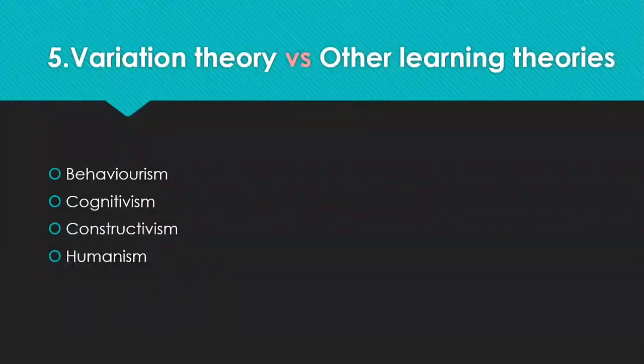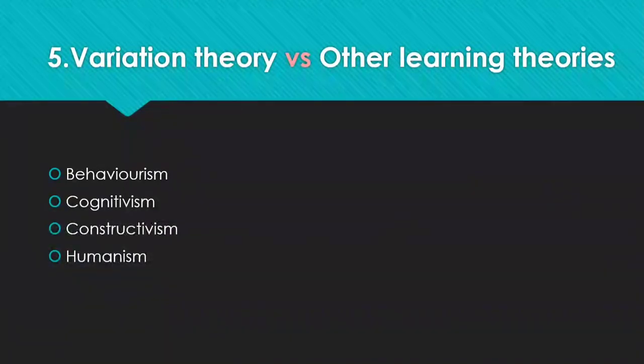So if you want to do some research about the presentation of the object of learning, like research about examples, textbooks, or other learning or teaching materials, variation theory would be quite useful. The last one is humanism.